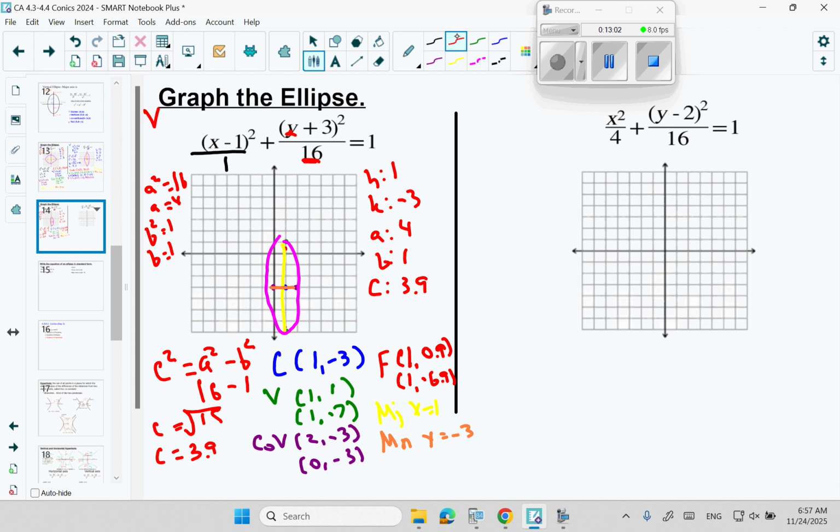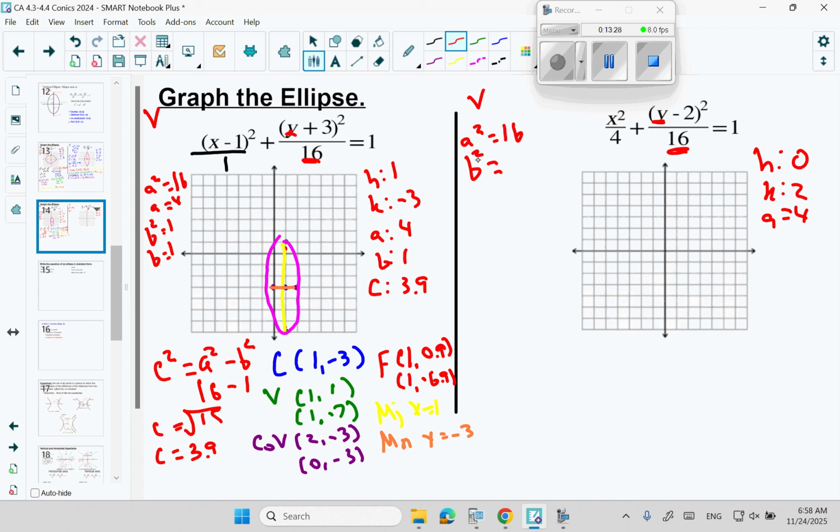Next one, I can again see that this is going to be vertical because my biggest denominator is with the y. So h, what am I subtracting from x? Nothing. What's math nothing? That's 0. K, what am I subtracting from y? That'd be 2. A, my biggest denominator is 16. So if a squared is 16, a has to be 4.